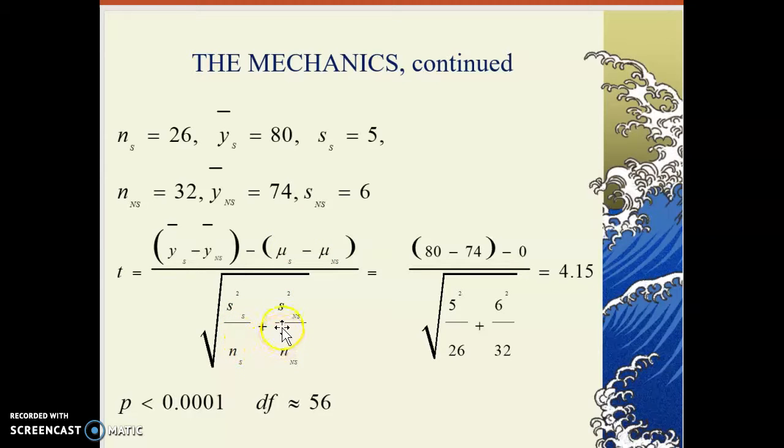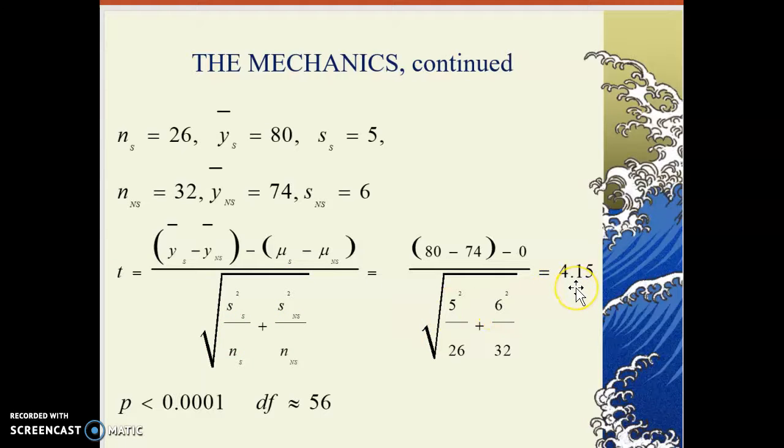In this case, we will group these together to come up with our standard error. We have to work through variances, though. This is standard deviation squared, which represents the variance for the smoker group. This is standard deviation squared, which represents the variance for the non-smoker group. We'll add those two things together and take the square root, and we're good to go.